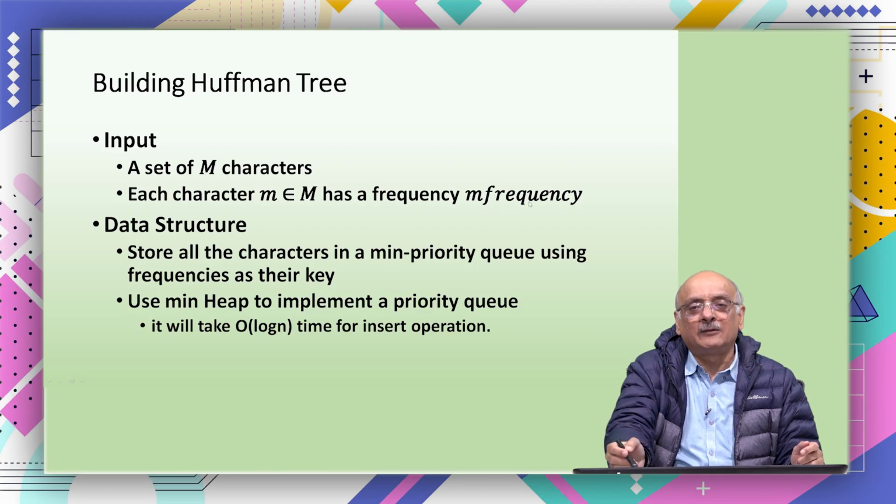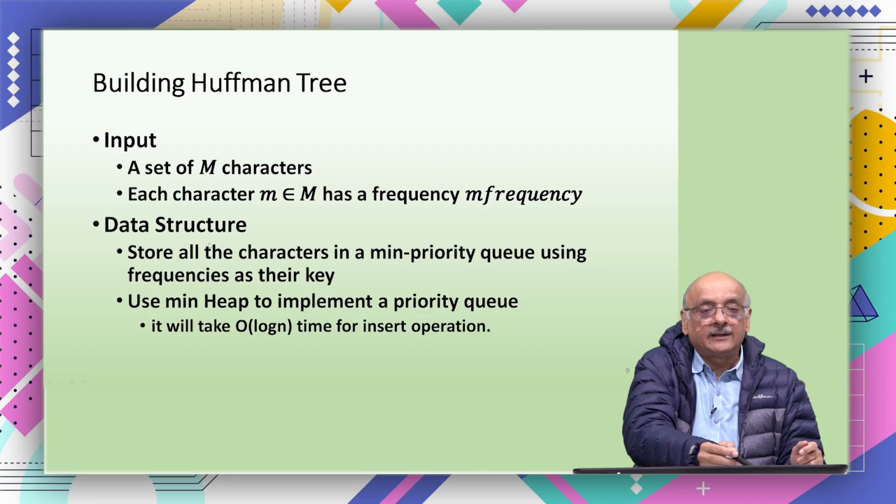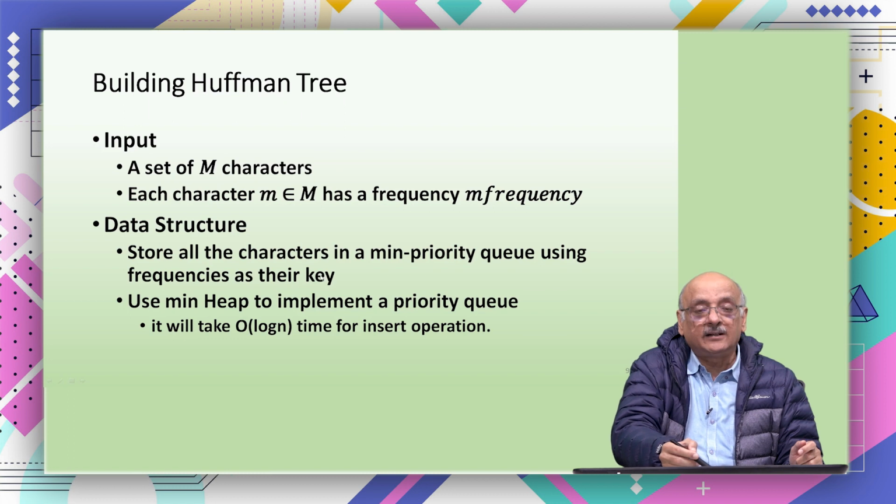You can denote it with any variable you want. But each character has an associated frequency. And the data structure we use in this case stores all the characters in a min priority queue using frequencies as the key.